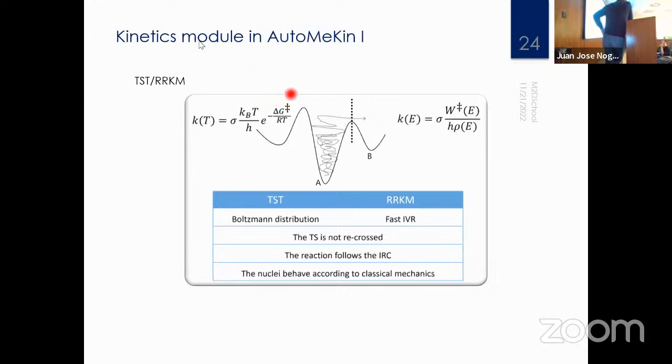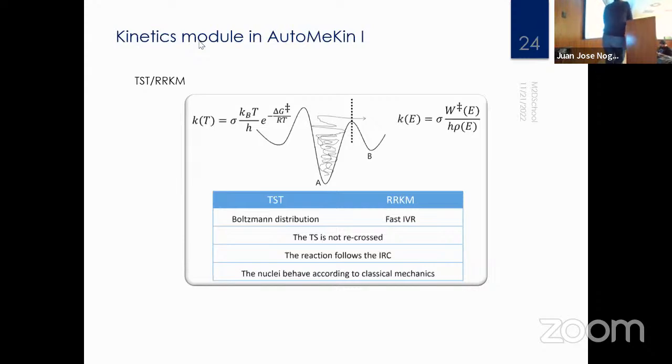What we do is we use the rigid rotor harmonic oscillator formula to get delta G and nothing else. As I will be telling you towards the end of the lecture, the plan is now to replace this module with something better. There are people in our group who work on tunneling effects, variational effects, and things like that, and anharmonicity, which is not included here.